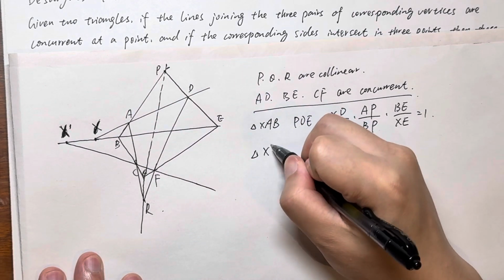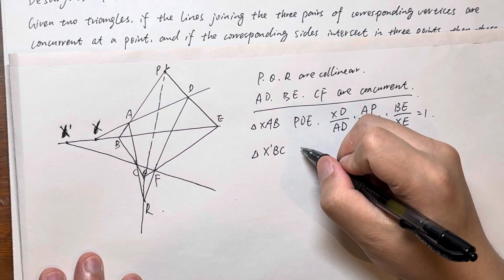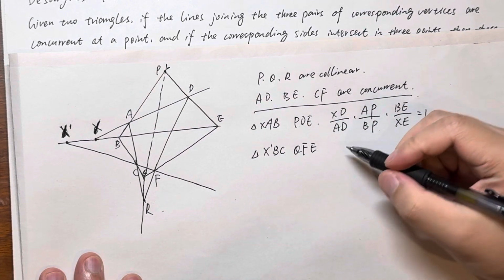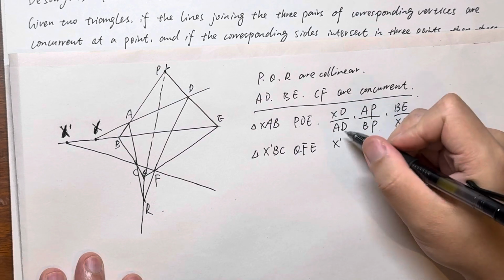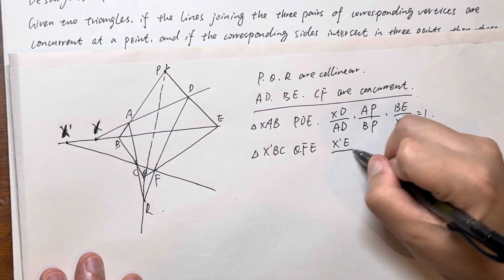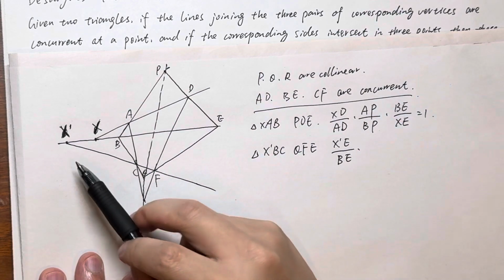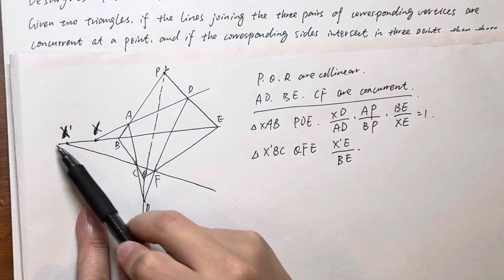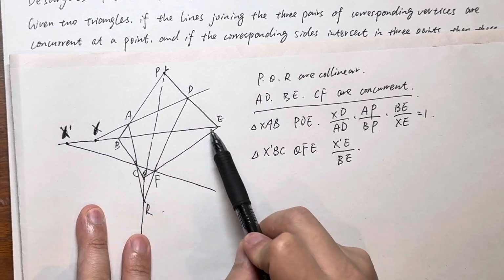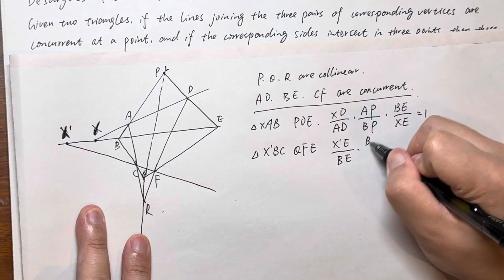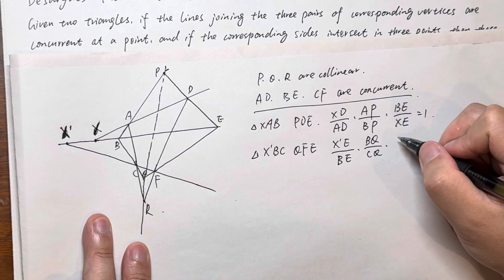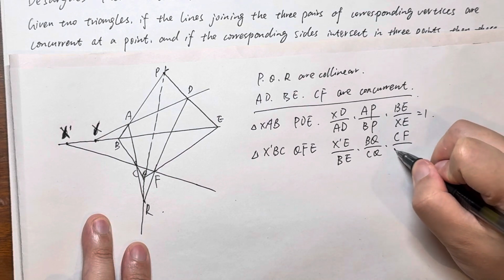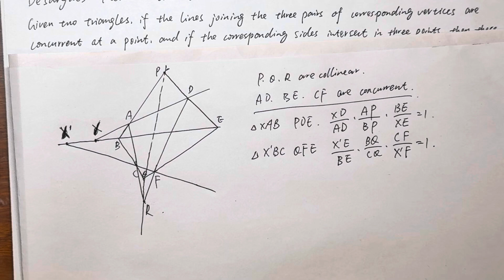And for the triangle X prime BC and the line QFE, we have X prime E to BE times BQ to CQ times CF to X prime F equals 1. Right, we have these two.